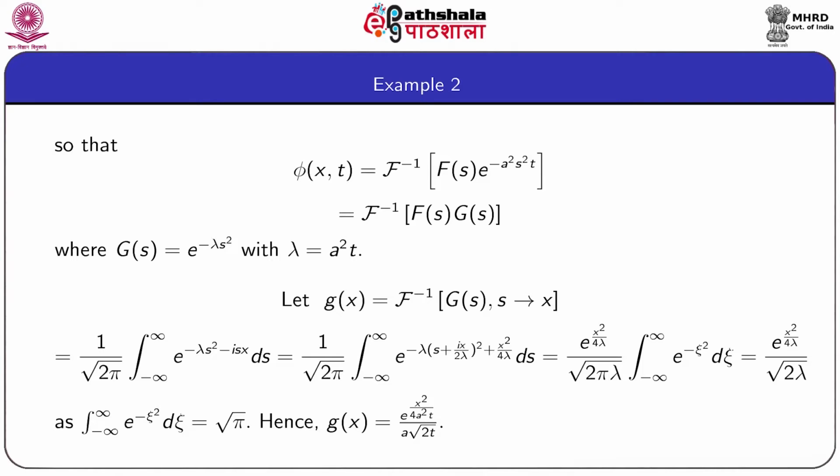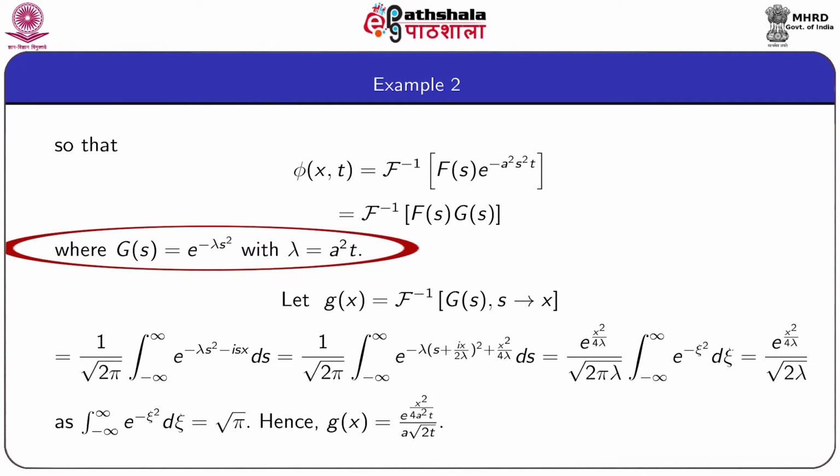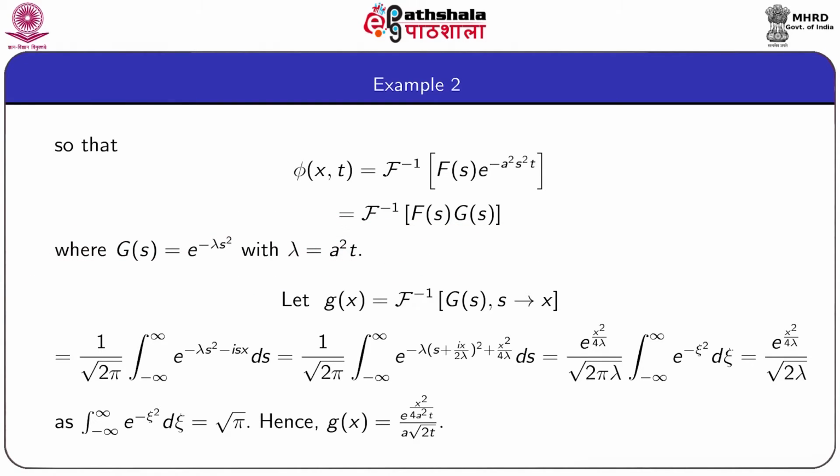This can be written as the Fourier inversion of F(s) into G(s), where G(s) is the Fourier transform of e^(-s²t), and we write G(s) as e^(-λs²), where λ is equal to a²t.